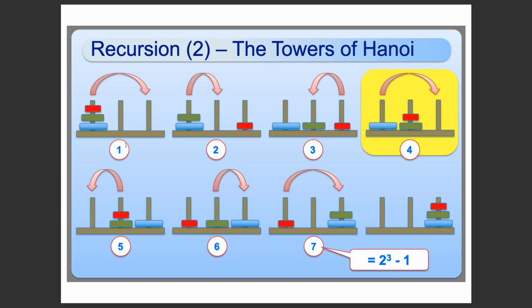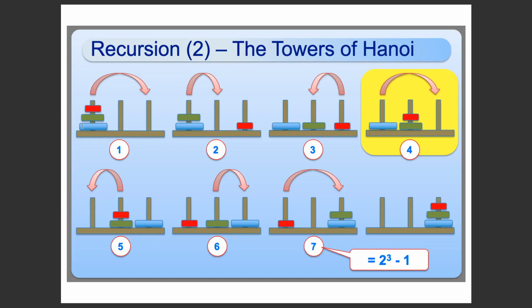So if we look at these steps 1, 2, 3, 4, by the time we get to state 4, what we've got is 2 disks moved to the center. Okay, so we can think of this whole sequence here as one command to move 2 disks to this peg.